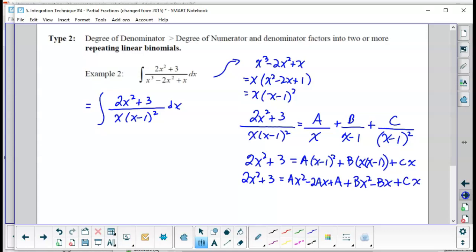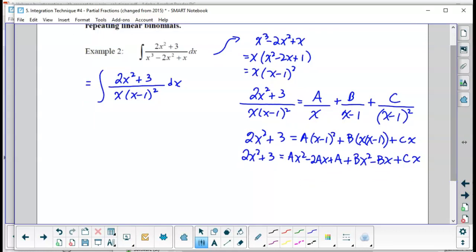All right, so now we might have three equations just because of the degree of this. So x squared terms, 2 equals a plus b. X terms, 0, because there's no x term on the left there, negative 2a minus b plus c. And constant term 3 equals a, and that's it.